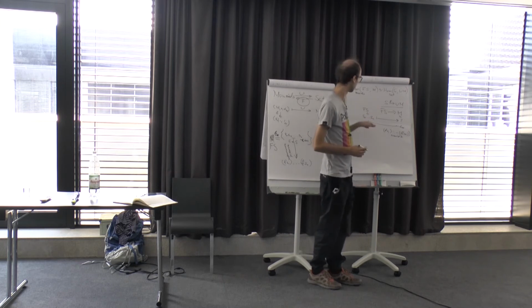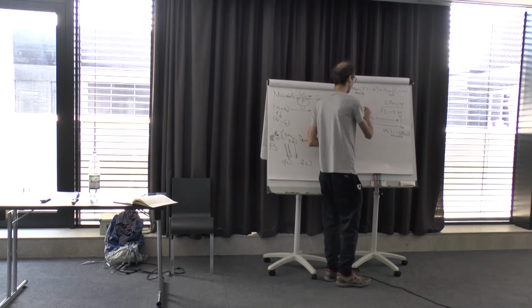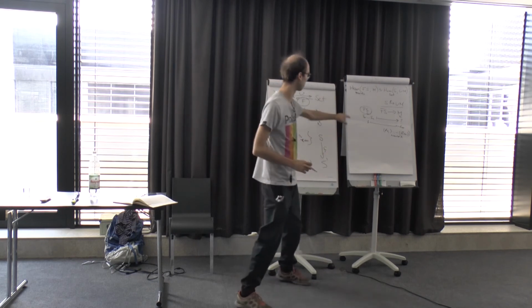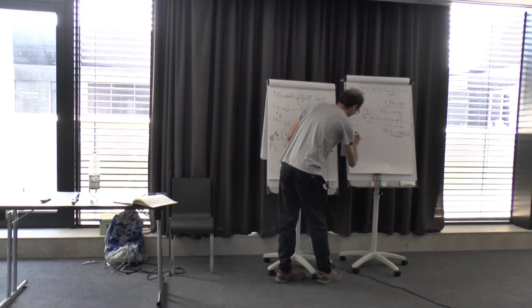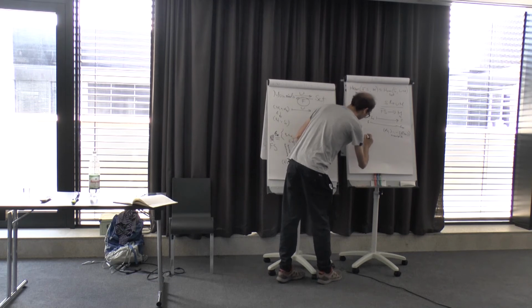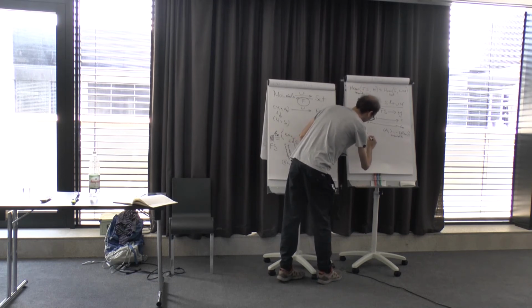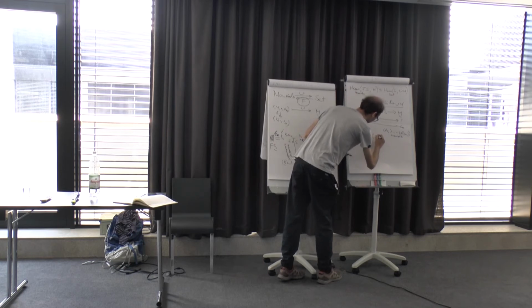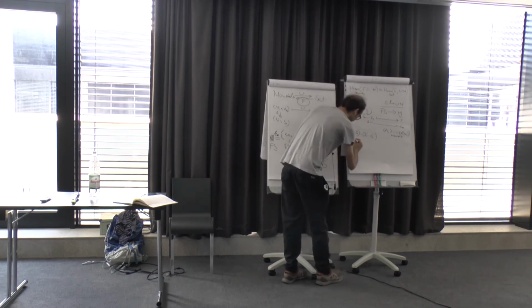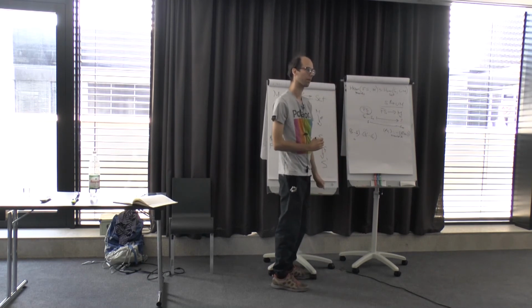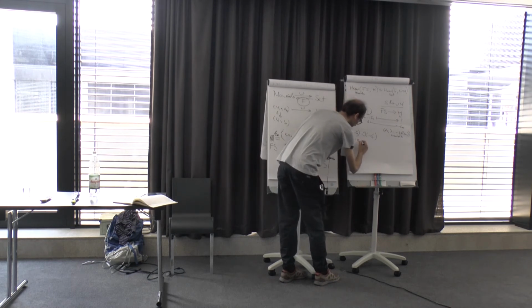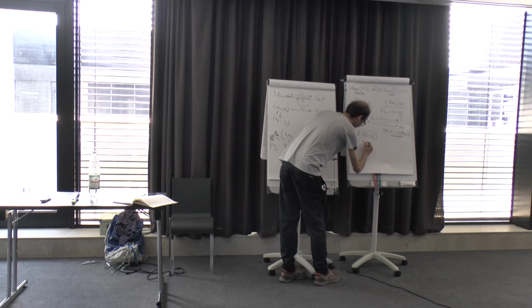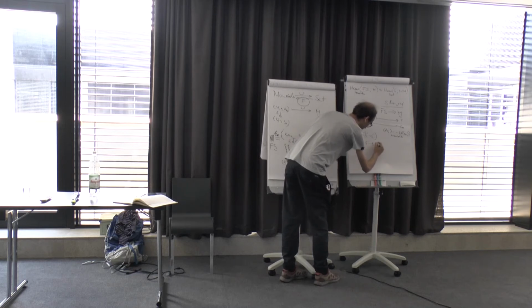Will it preserve the multiplication in this free monoid? So if we have S1 Sn times S1 prime Sn prime prime, then this is equal to, this is in F of S, this word S1 Sn S1 prime Sn prime prime.